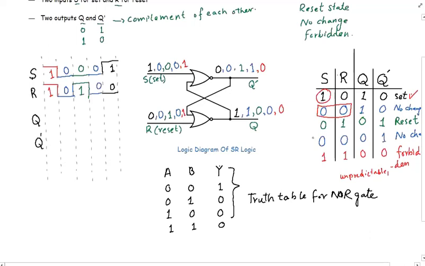And if you have applied a high signal to the R input, then the circuit will be in the reset state. So at 0 0 we don't know the exact state of the circuit. It depends on what the input was before this one.